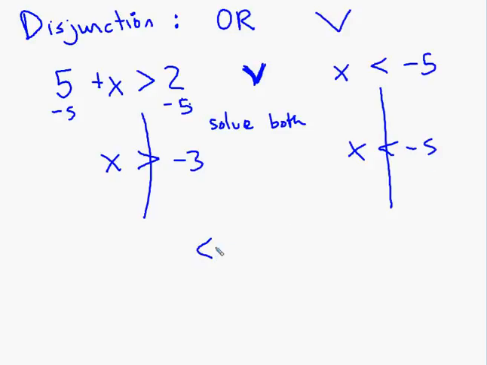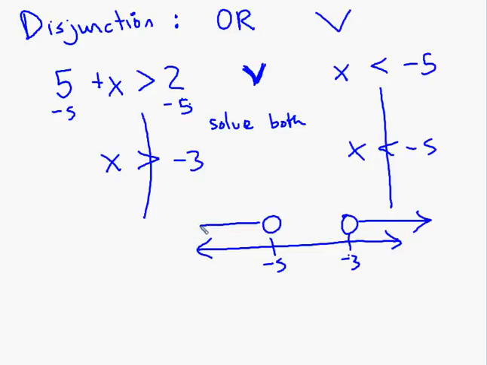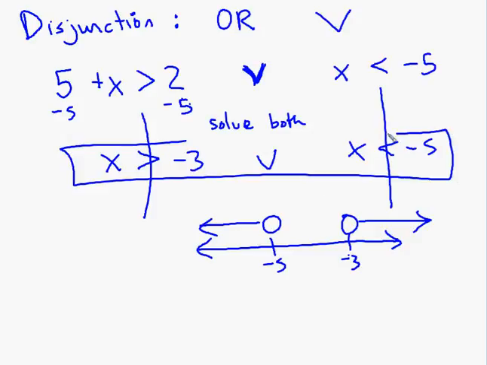If I go to graph that, here's -5, here's -3. x is greater than -3, see it goes to the right. And this one, x is less than -5, see it goes to the left. This is our answer. It just happens to graph in opposite ways. I don't say null or no solution here because with or, it could be either this or this, one or the other. So that's fine.